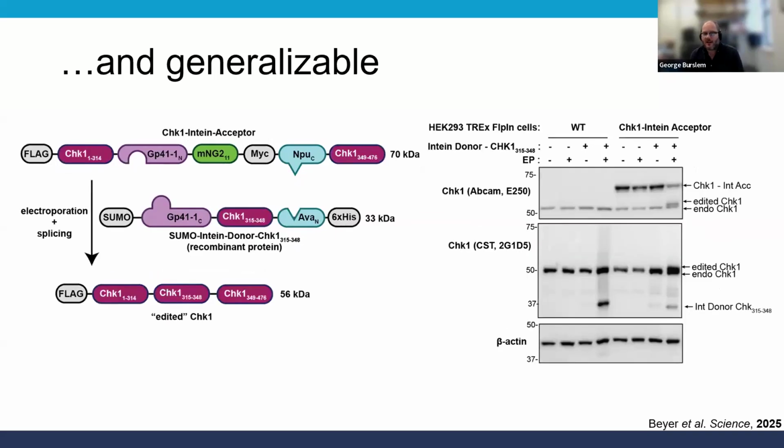We then wanted to try a more bespoke sequence, and so we decided to try a kinase. We made cell lines that expressed the kinase acceptor sequence, and we expressed and purified a specific donor for CHEK1, a DNA damage response kinase, that we can then edit together and basically result in the native sequence of CHEK1 being assembled in cells.